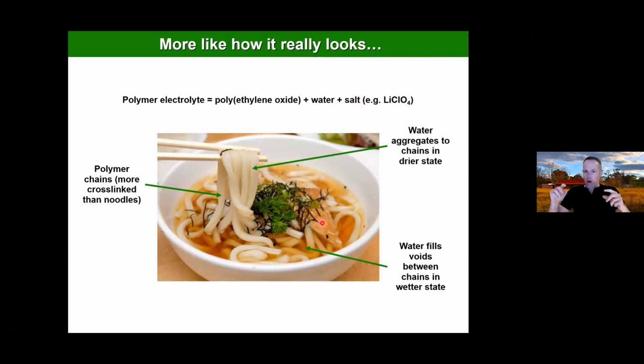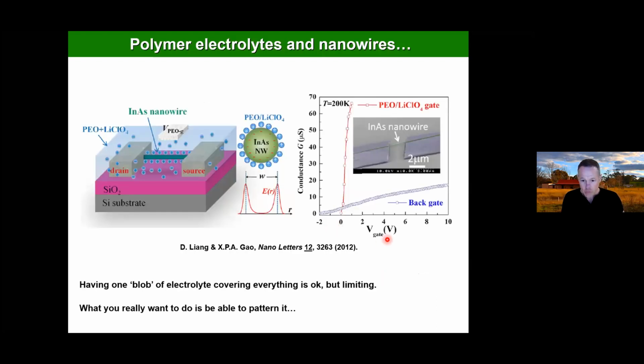Those ions have to migrate through this tangled matrix, and that ends up giving you one of the big issues with a lot of these polymer electrolyte materials, which is that they can be intrinsically slow to respond, simply because you need ions to diffuse through this very complicated network to get from one interface to another in terms of the device scale.